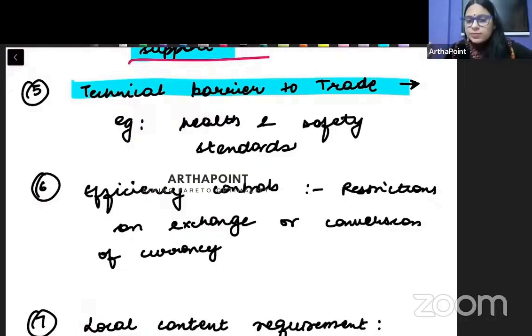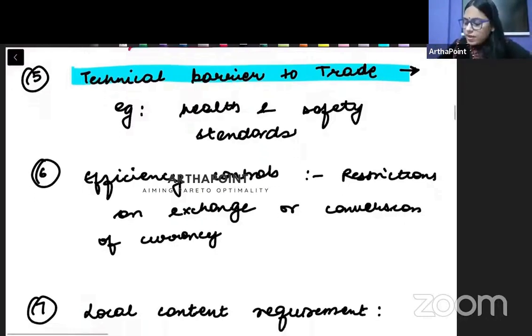We will not import from it, right? So developed countries do this with developing countries. They say that their health standards are not maintained. They are not maintaining health standards. We will not purchase from them. Are they putting any tax? No. Still, there is a barrier to it.